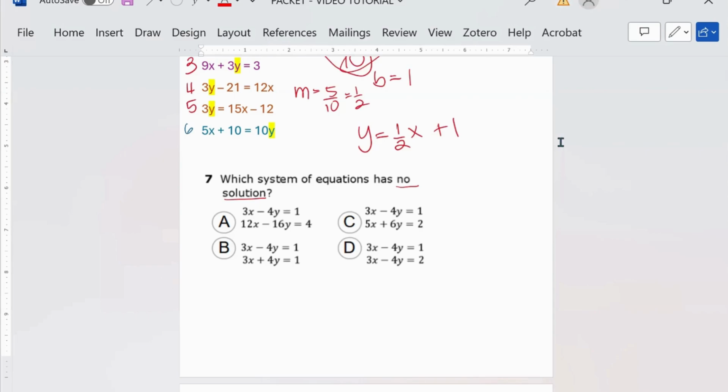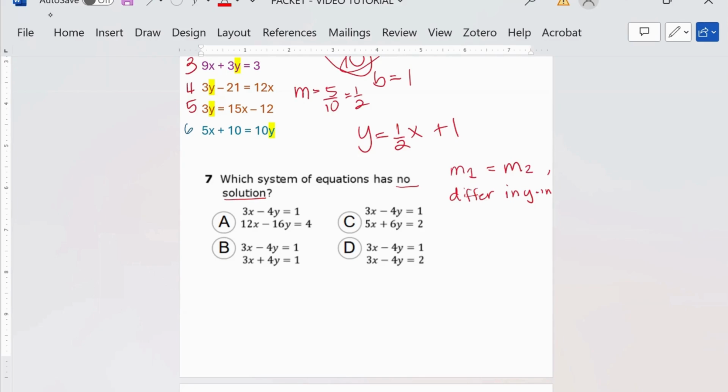Parallel lines have the same slope, the first slope is the same as the second slope, but they differ in y-intercept. So these will provide no solution. Okay, here we go. Let's start the problem.